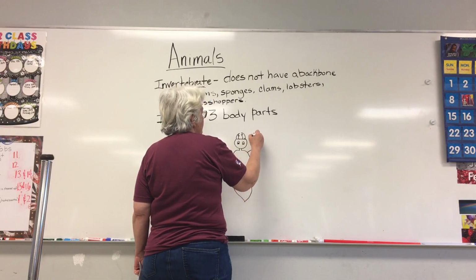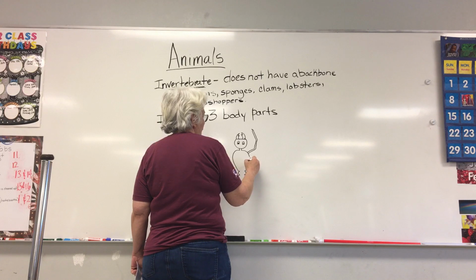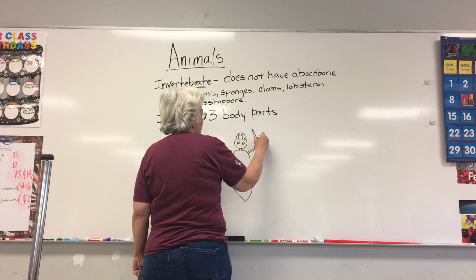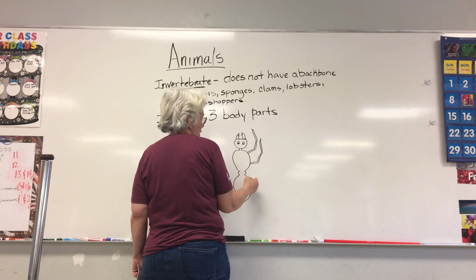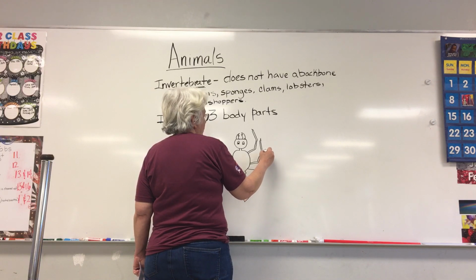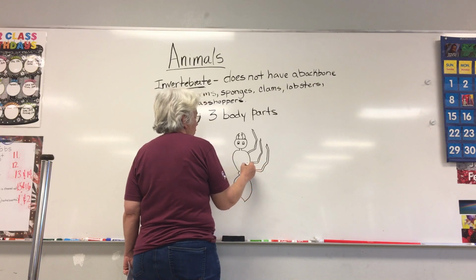If we were to draw little Mr. Ant real quickly, he has 6 legs, and they all come off of this thorax. They don't come off of the abdomen. All 3 pairs of his legs come off of his thorax.